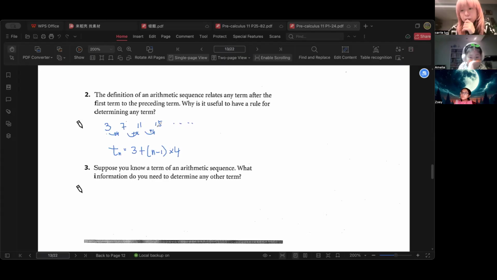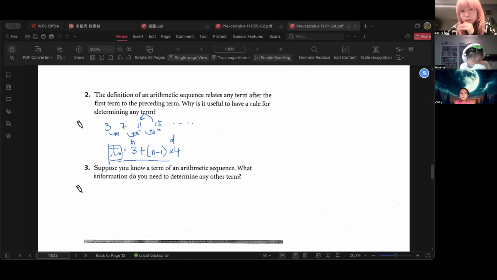But the thing is, if the next term is determined by the earlier term, the next term cannot be determined if the earlier term is not determined yet, right? But for the general form, I don't have to know every single term in between. I only need T1, the difference, and how many terms there are.